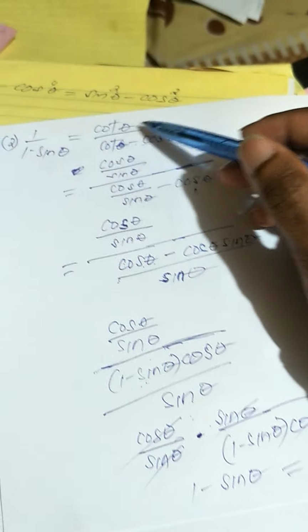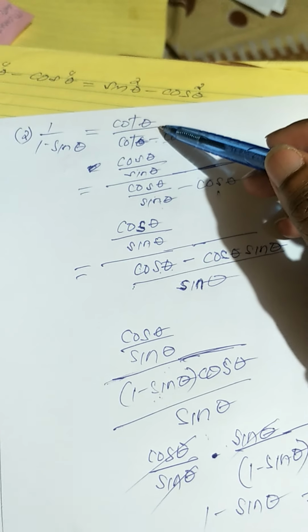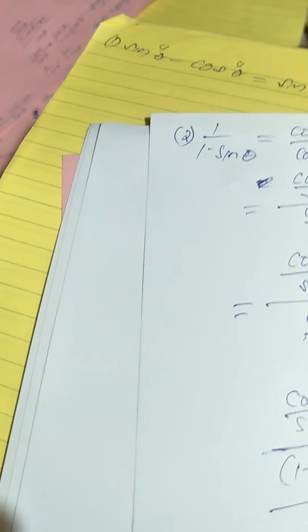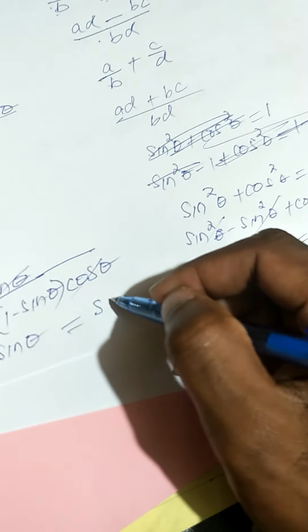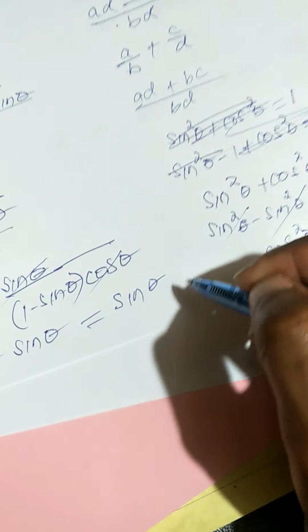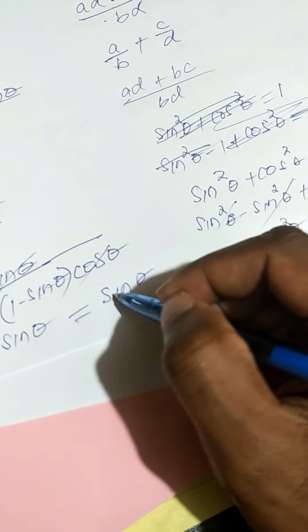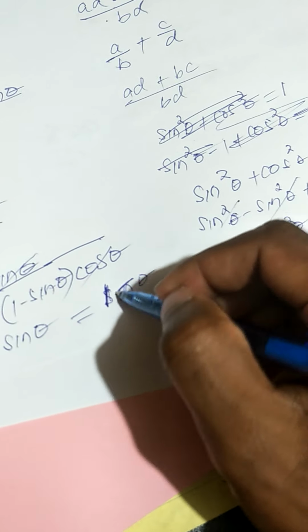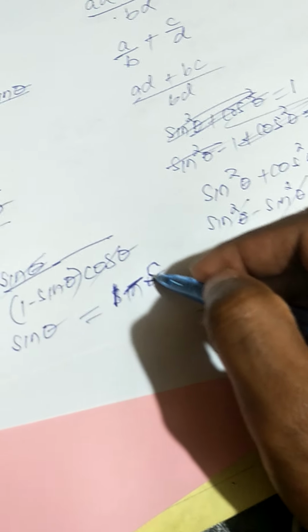our constant here, which is the left hand side is equal to 1 minus sine theta.